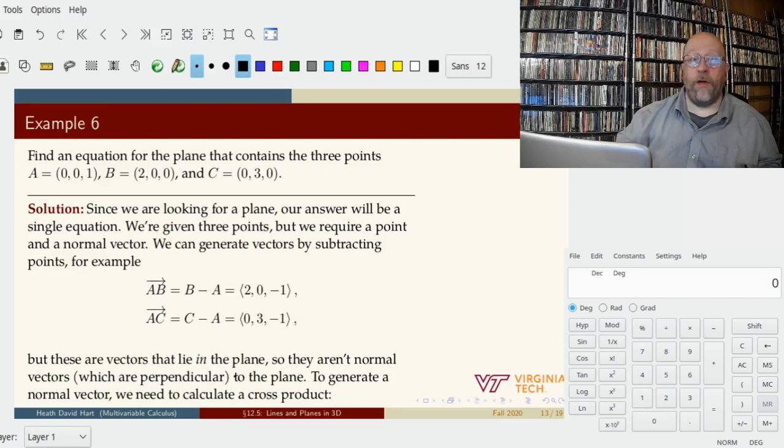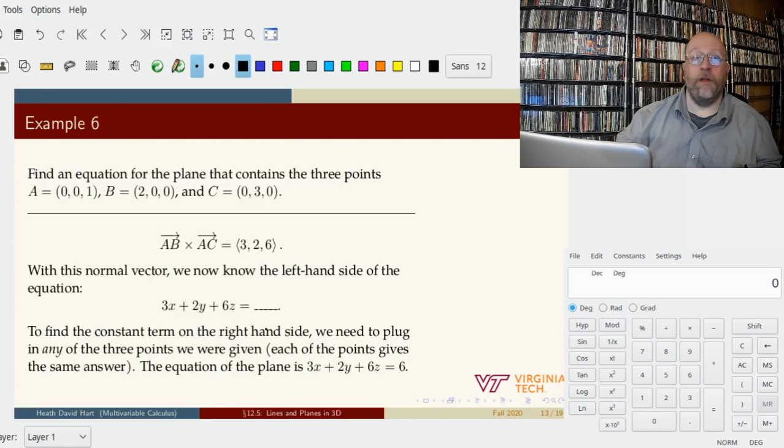So we now need to calculate a cross product. And when we calculate the cross product, this time we get the positive values, 3, 2, 6. And that gives us the left side. And then to find the constant term on the right side, we plug in any of the 3 points we were given. And that gives us 3x plus 2y plus 6z equals 6 for the answer. Okay?